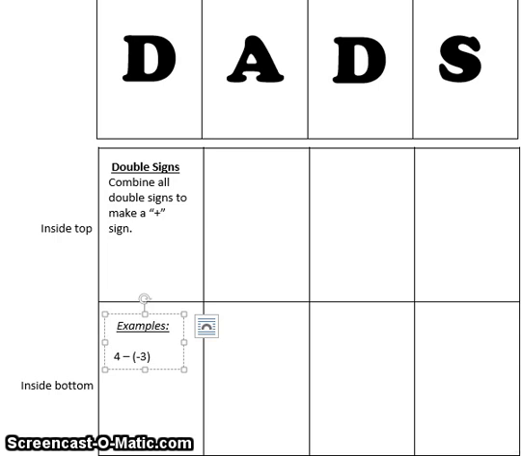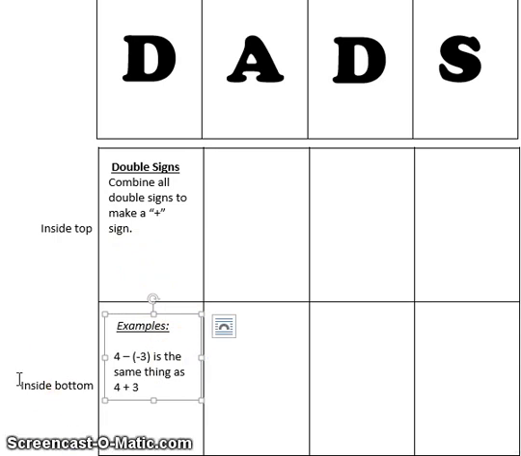This is the same thing as positive 4 and positive 3. So that's what you need to write down there. And let's do one more example.